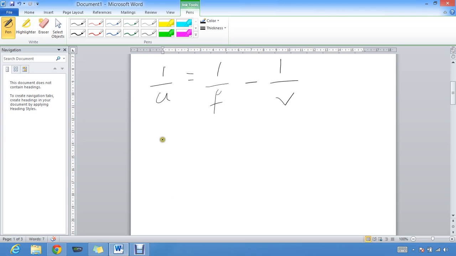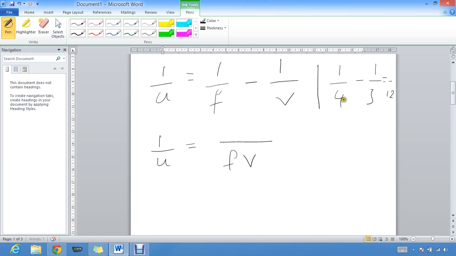Right, now what you should have is that, like any other normal fraction, you have to find a common denominator. For example, if we had 1 over 4 minus 1 over 3, your common denominator will be 12. Okay, 4 times 3 is 12. In this case, just times the f and the v. So 1 over u will equal something over f and v.